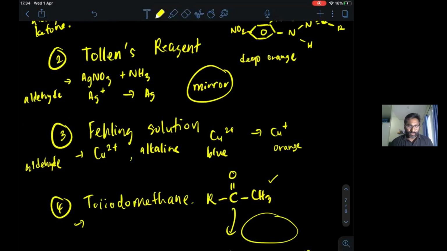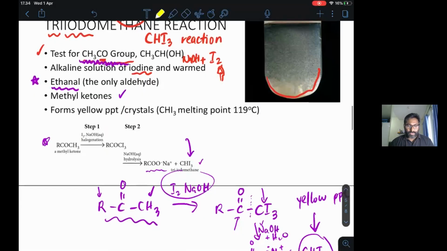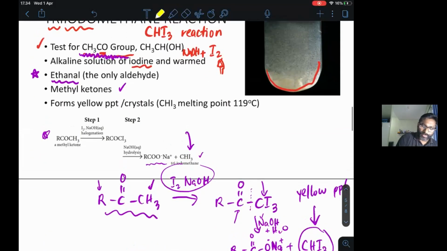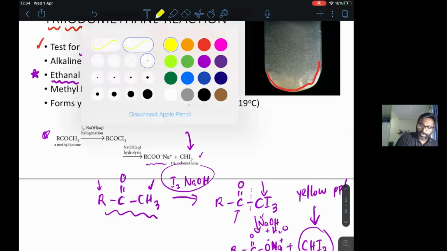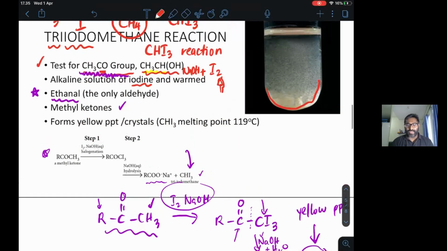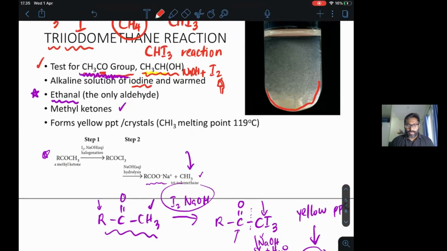There is another one also, related to alcohol. Other than carbonyl compounds, you can also test using triiodomethane involving alcohol. That alcohol must have CH3 and then OH, of course. They must have H over there.